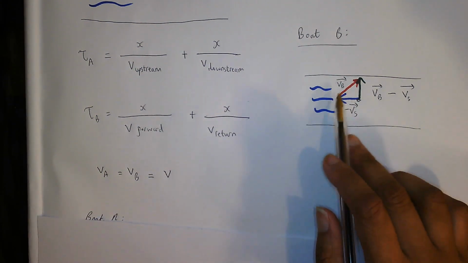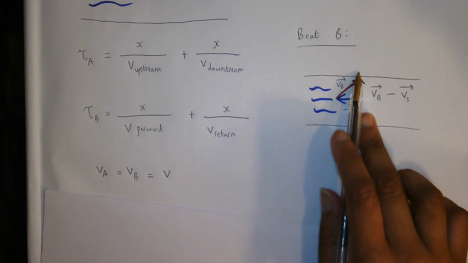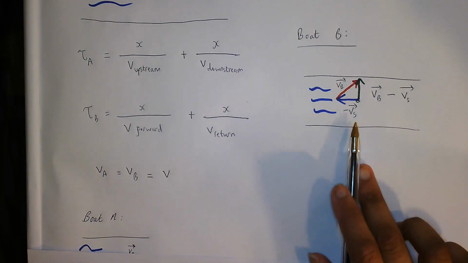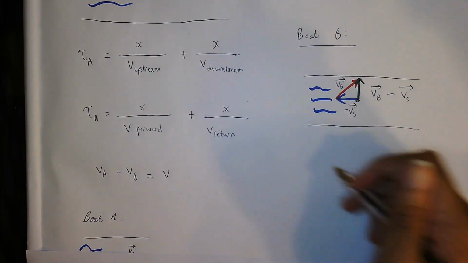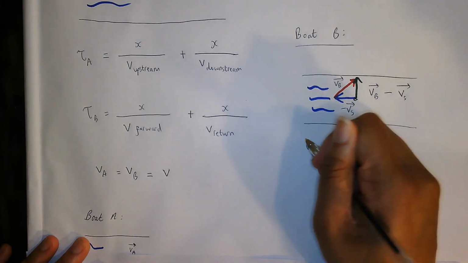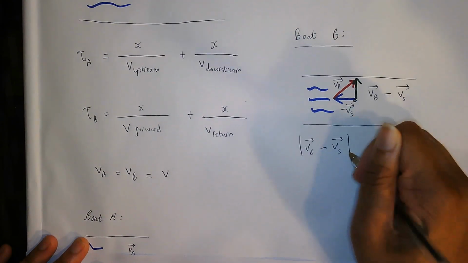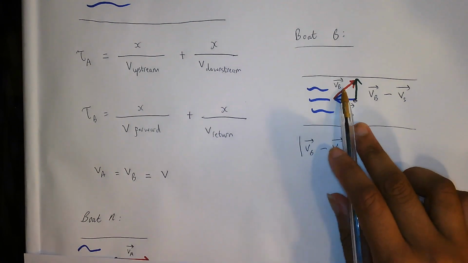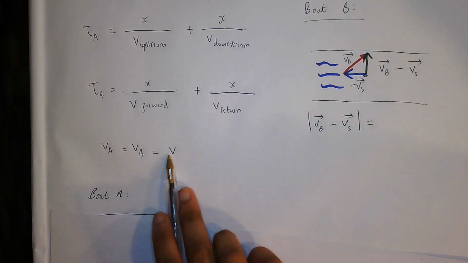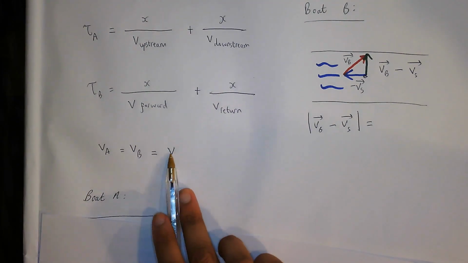So the real advantage of drawing it out like this is because we can see the right angle triangle really clearly. So we can see that the magnitude of this resultant vector here, so the magnitude of vb minus vs, is equal to, remember our vb is equal to v, so its magnitude is equal to the magnitude of va, which is equal to our v.